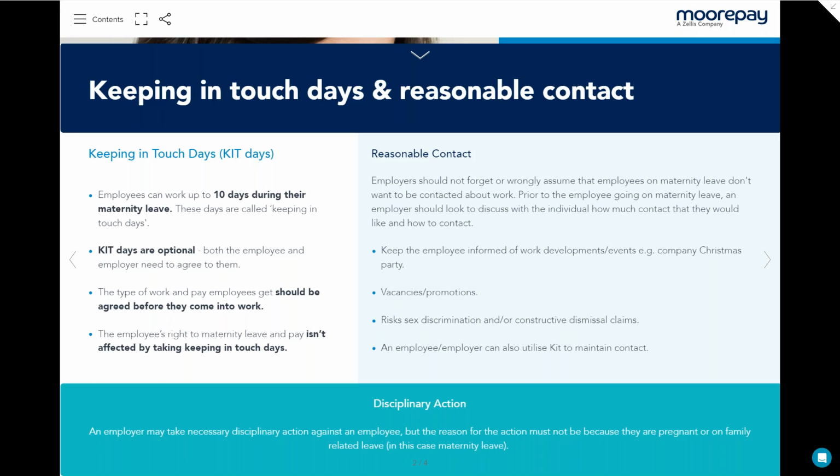We should always communicate with staff going on maternity leave. If you can agree that up front, that's brilliant, because then you get a good idea of when an employee would want to speak to you. But you also may have to speak to them about important business changes. So, it's really important that you keep those lines of communication open during maternity leave.